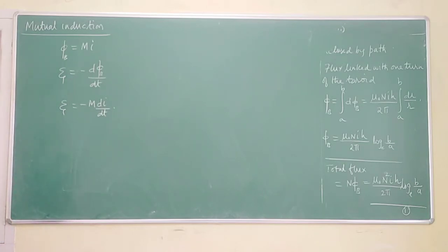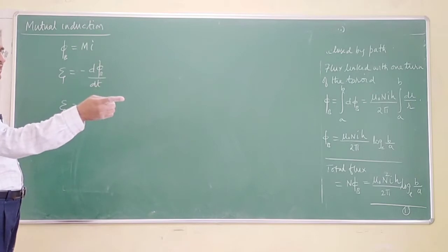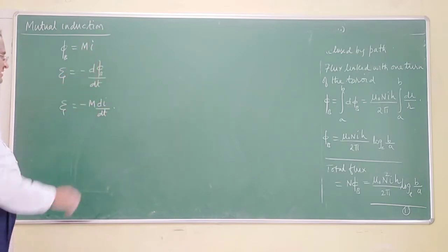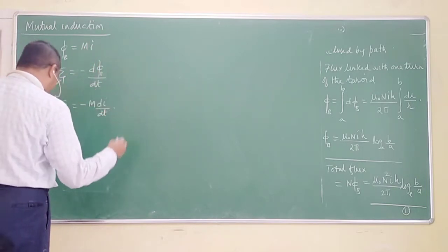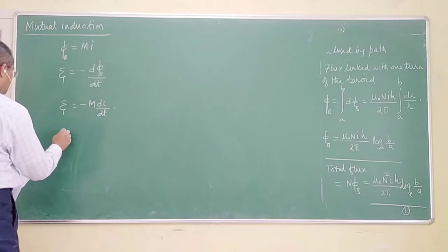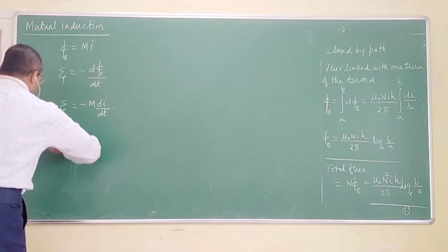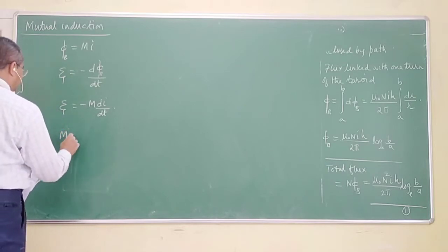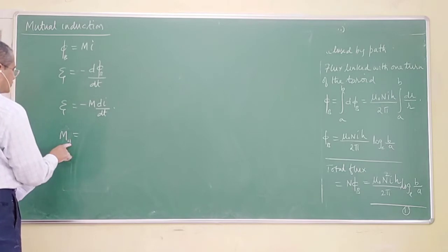Because there are two coils placed close to each other, current will be flowing in one coil, and opposing induced EMF will be produced in the other coil. I can be more specific. I will write M21 is equal to minus E2 upon di1 by dt, which means mutual inductance of coil 2 with respect to coil 1.